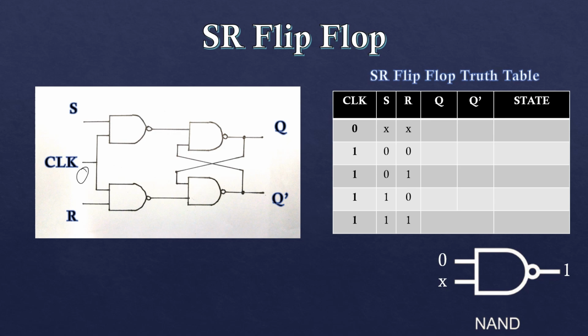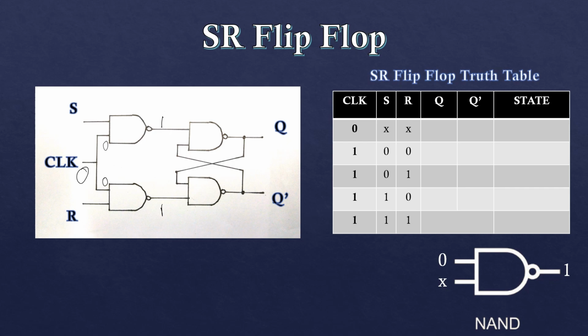If the clock is 0, then here it will be 0 and here it will be 0. In a NAND gate, if either input is 0, then the output will surely be 1. So here also 1, so 1 and 1 will pass to the RS latch. Now in the RS latch, when both the inputs were 1 and 1, the output was the same.